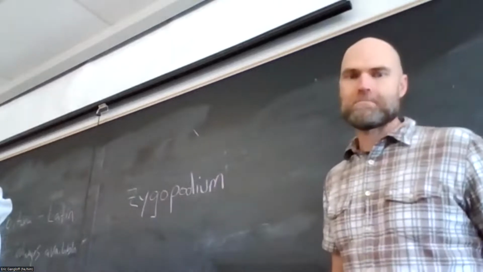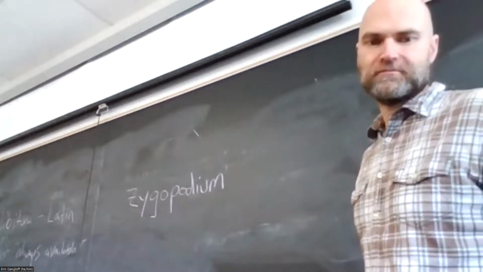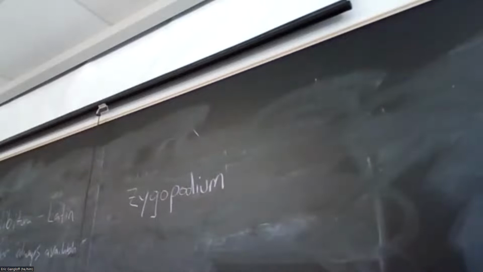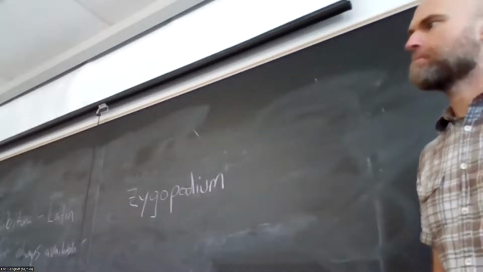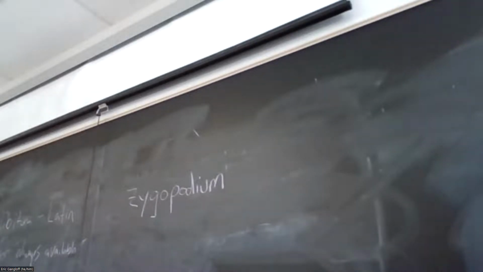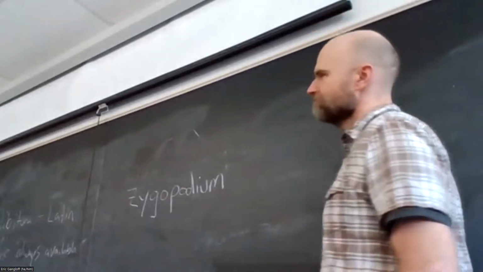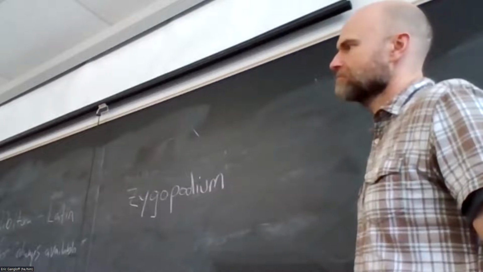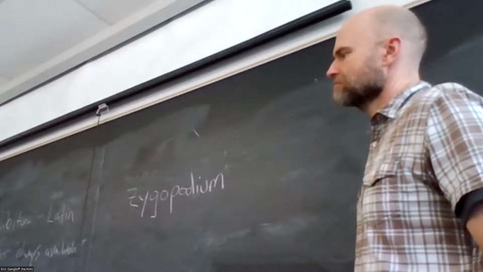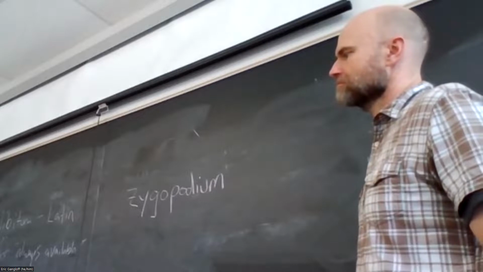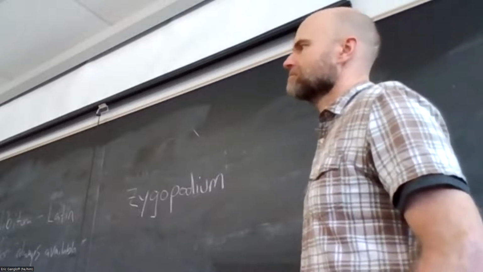All right, so zygopodium is just, how do I explain it? It's sort of not a catch-all, but a general term for this part of your body. On a human, it's basically your forearm, and it's also the part of your leg that's beneath the knee, that's not the foot.